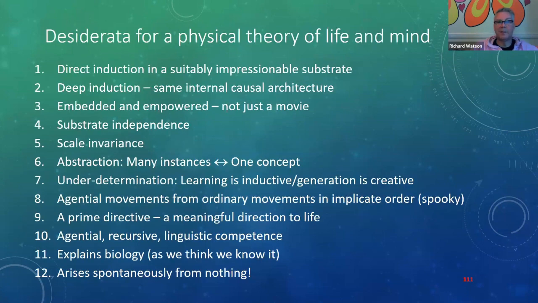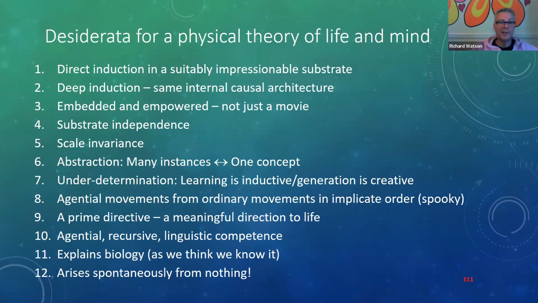Here's our list of 12. Direct induction from a suitably impressionable substrate that's deep, so that it has the same causal architecture, not just the same surface structure. That's not just a movie, but it's embedded and empowered. It has the same causal power in the world. That's substrate independent. You can implement it in anything. It's scale invariant. You can do it at any scale. It handles abstraction.